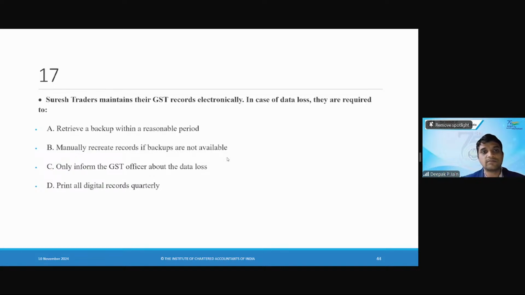17th one, maintains GST records electronically. In case of data loss, they are required to.